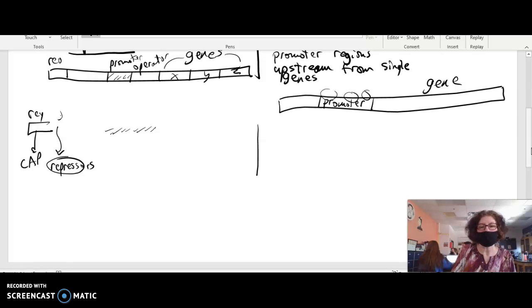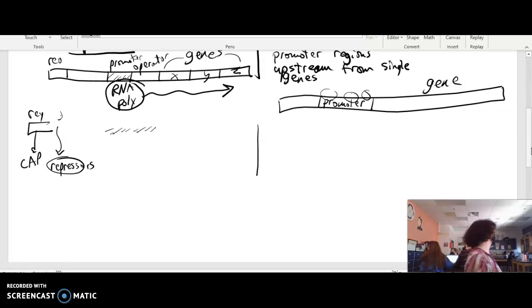Let's differentiate a little bit more here, right? So with prokaryotic genes, once you have the RNA polymerase enzyme there, and transcription starts, can you stop it? Can you edit the RNA? Can you do any kind of interspersal regulation there?